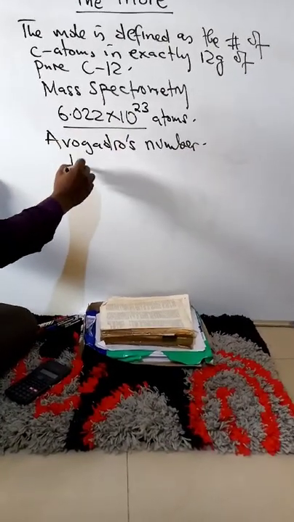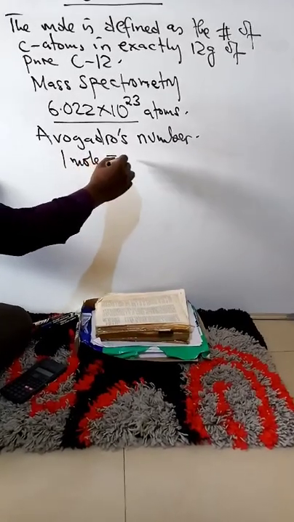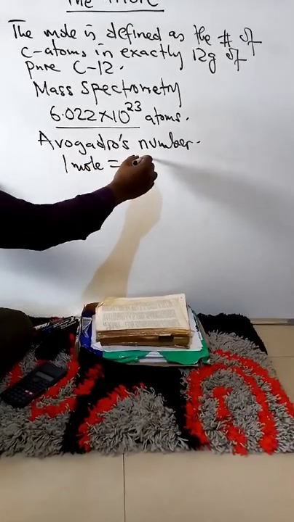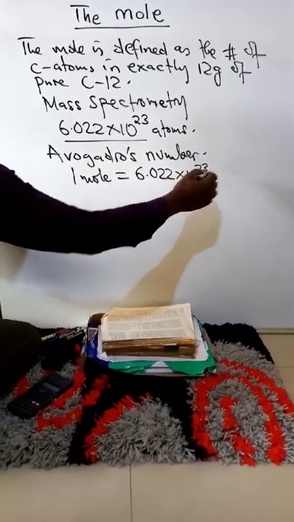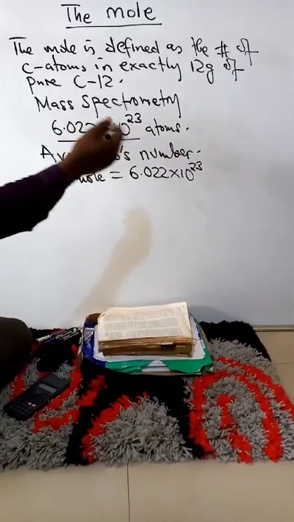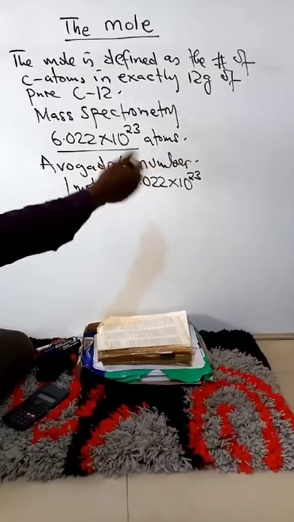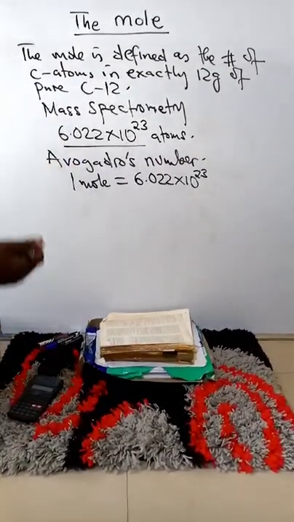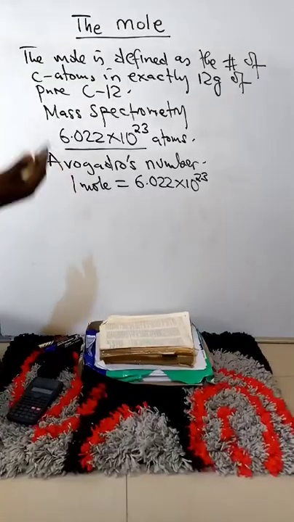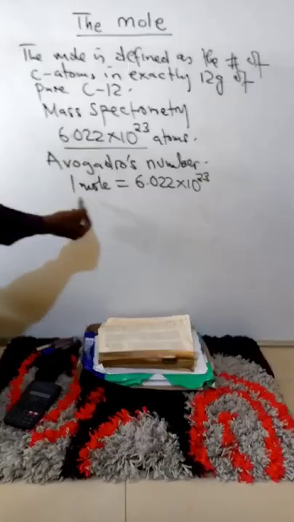So this simply means one mole is equal to 6.022 times 10 to the power 23 atoms or particles, anything. Particles could mean atoms, molecules, ions, neutrons, anything. So one mole of something consists of this number.